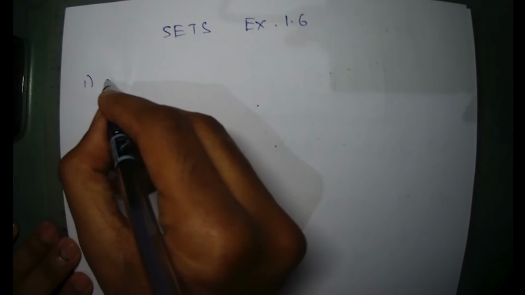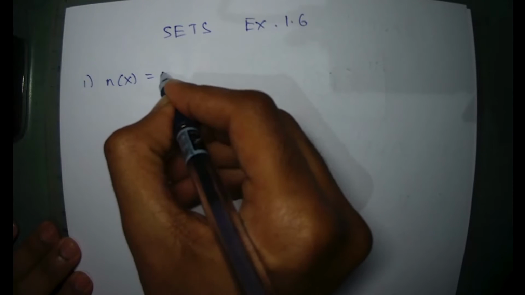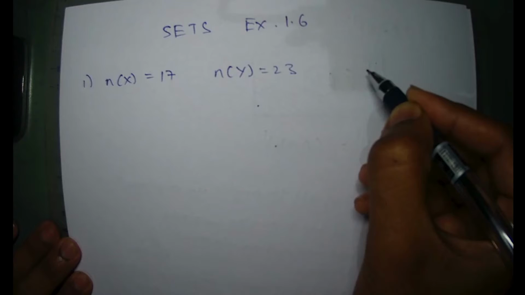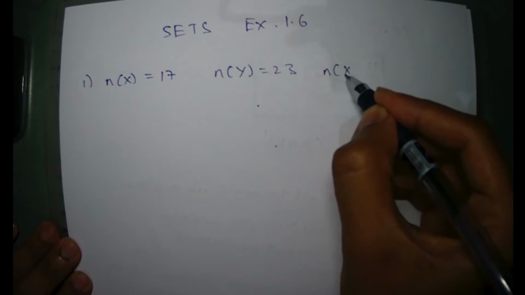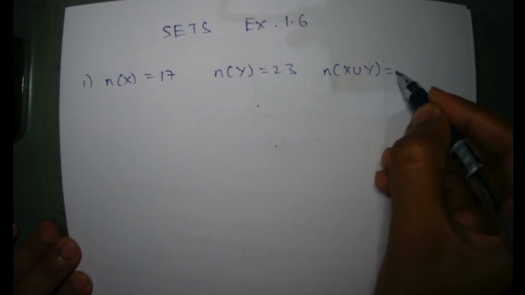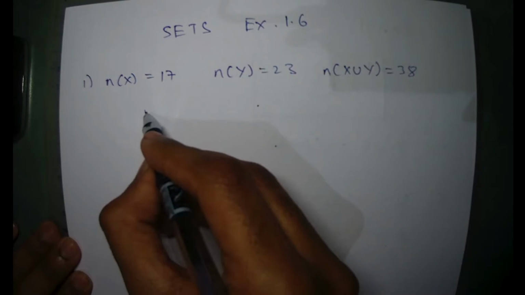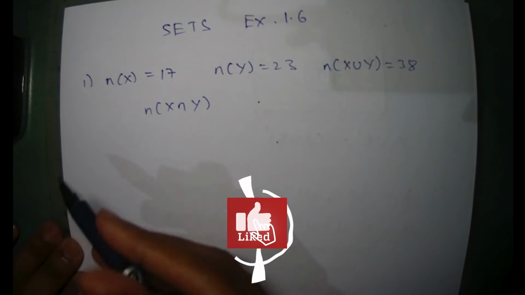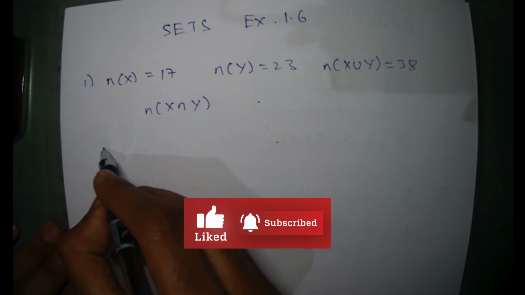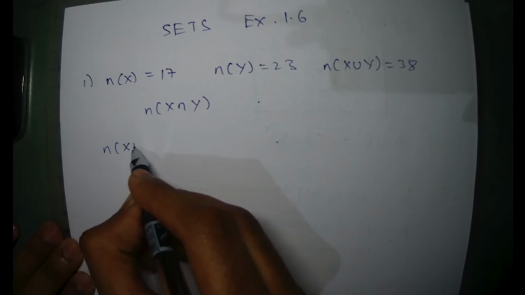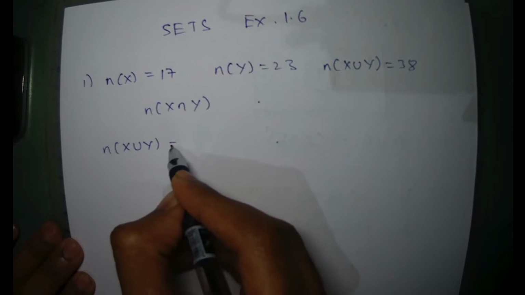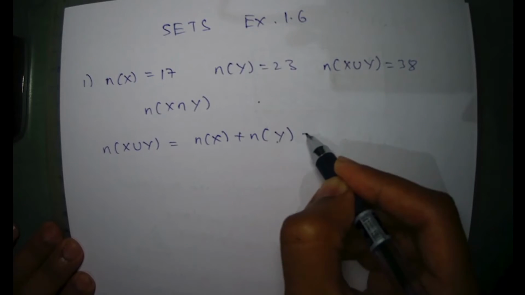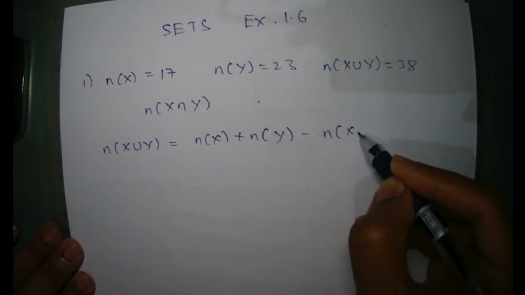It has been given in the question that the number of terms in set X is 17, in set Y is 23, and in X union Y is 38. We have to find the number of terms in X intersection Y. We have learnt a standard formula: n(X union Y) is equal to n(X) plus n(Y) minus n(X intersection Y).